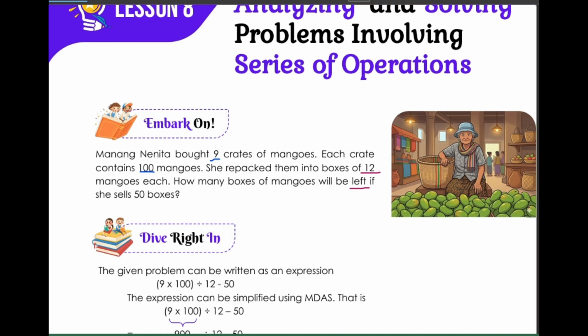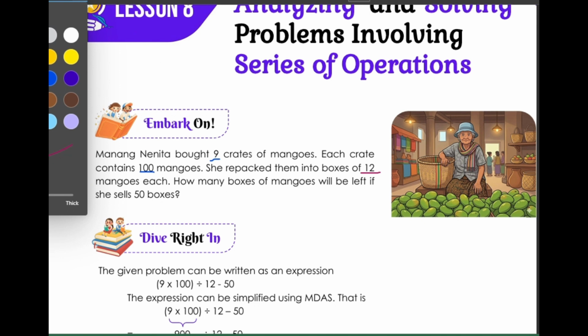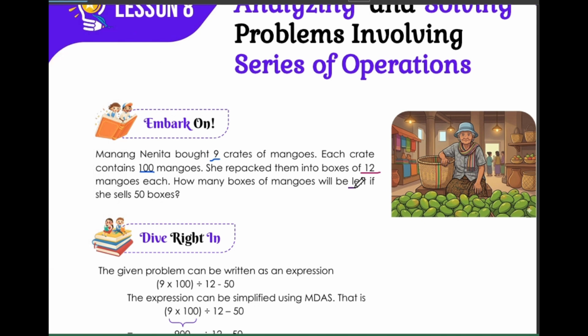So let's put another color. This is subtraction. So again, multiply, divide your answer, and then subtract. As you can see, there are 3 operations in this word problem.